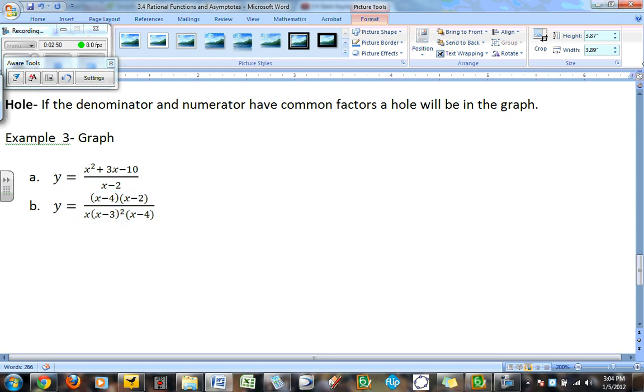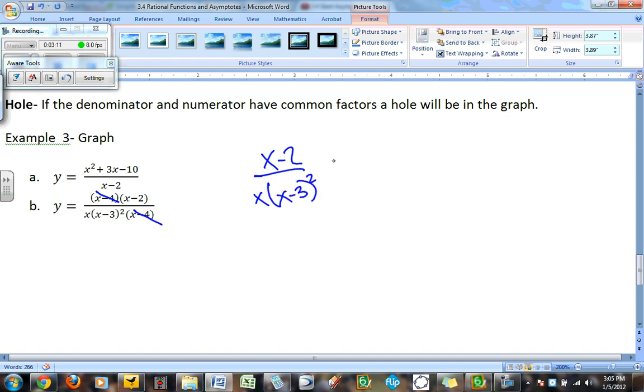Looks like I have an x minus 4 on top and bottom, and since it's all multiplication, these can cancel out, right? And I don't see anything else that would cancel out. So all I have left is x minus 2 divided by x times x minus 3 squared.